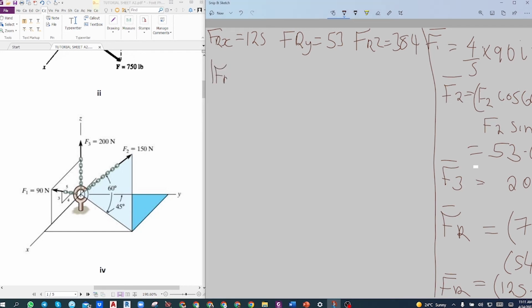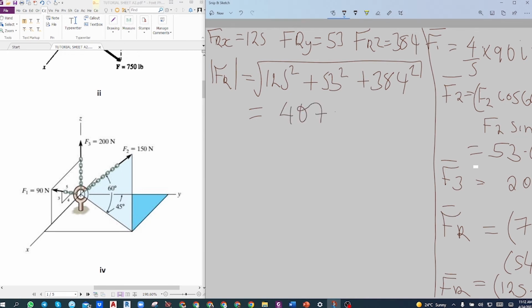So I'll say FR magnitude is equal to the square root of 125 squared plus 53 squared plus 384 squared, which is equal to 407.3.